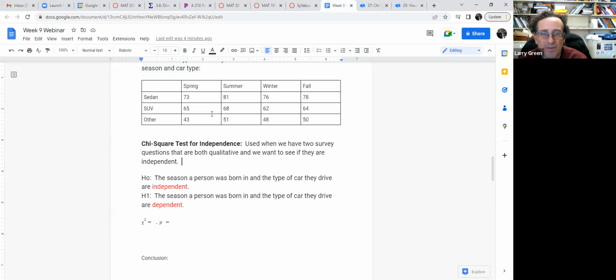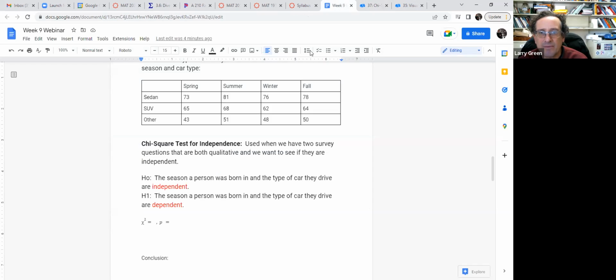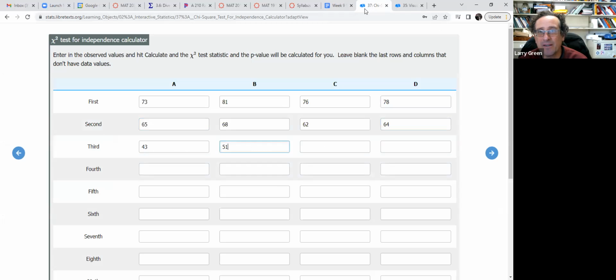And then the next ones were 43, 51, and then 48, 50. And just leave the rest of them blank. Any questions at all on entering the table?